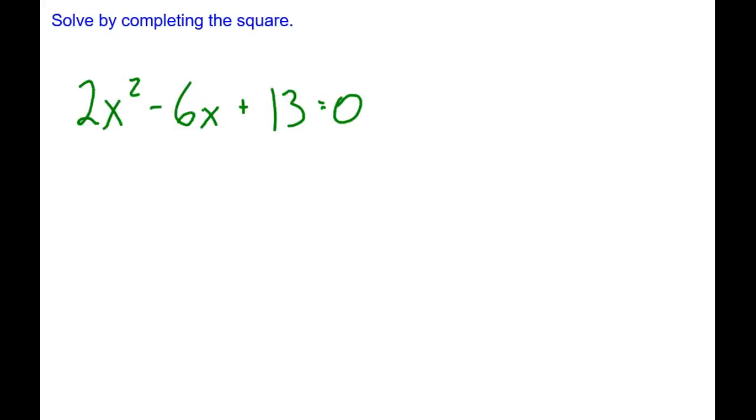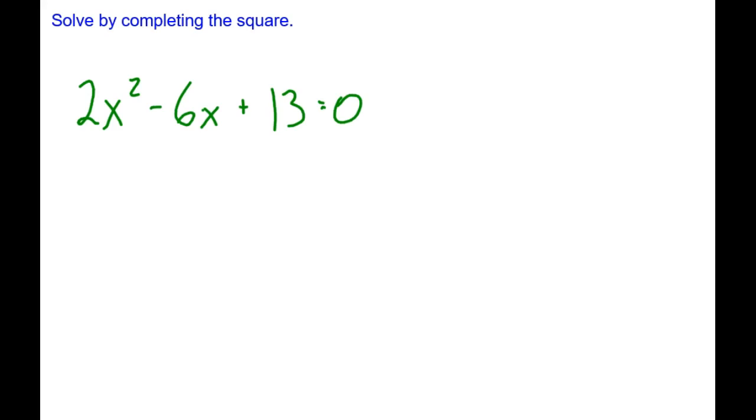Now in the next few examples, we're going to use the process of completing the square. When completing the square, there's two main things we have to make sure are true. Our a value, the value multiplied in front of x squared, has to be 1. And we want to isolate all of our x terms on one side of the equation and our constant on the other.